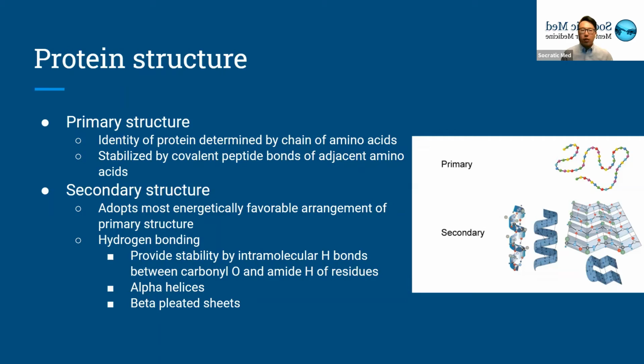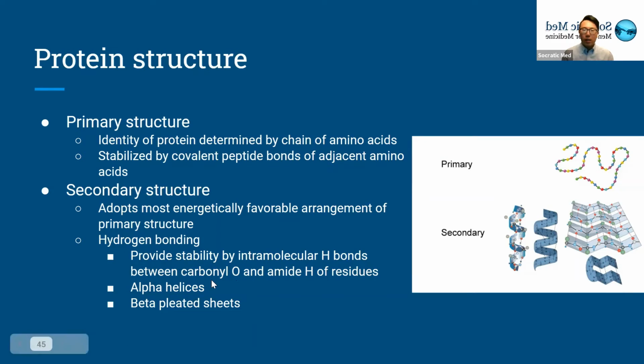And then the secondary structure. The secondary structure is formed by adopting the most energetically favorable arrangement of the primary structure. The primary structure is linked by peptide bonds, but the secondary structure is mostly determined by hydrogen bonds.